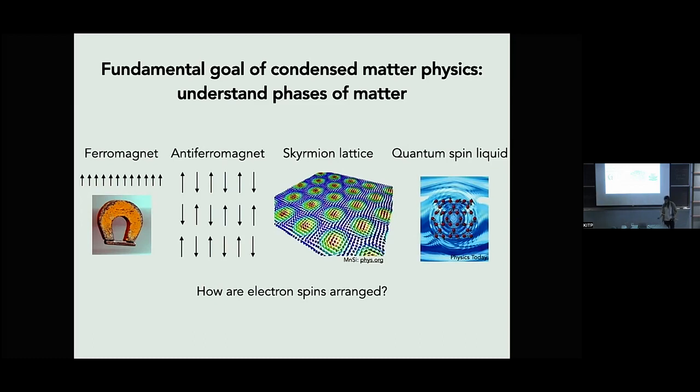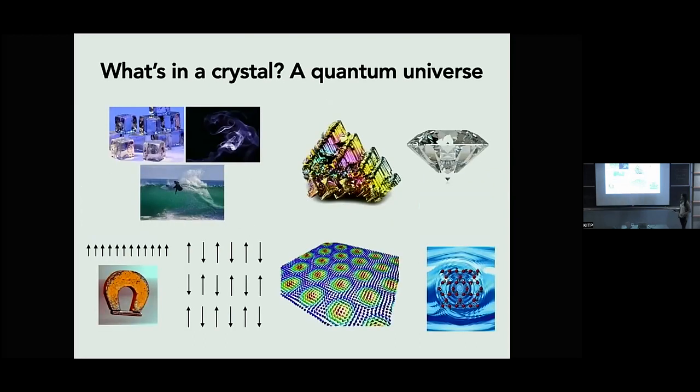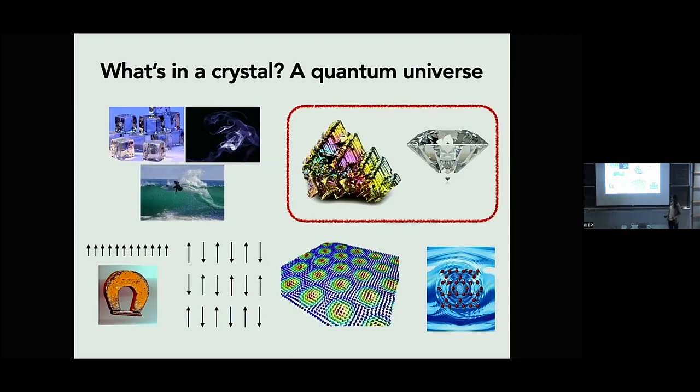And so it's precisely all these different possibilities that comprise the quantum universe. In this talk, we can stay a little bit simpler, so I'm just going to focus on the metal insulator, the transport characterizations of solids, and then, like I said, try to introduce you to a new phase of matter, which is called a topological insulator.